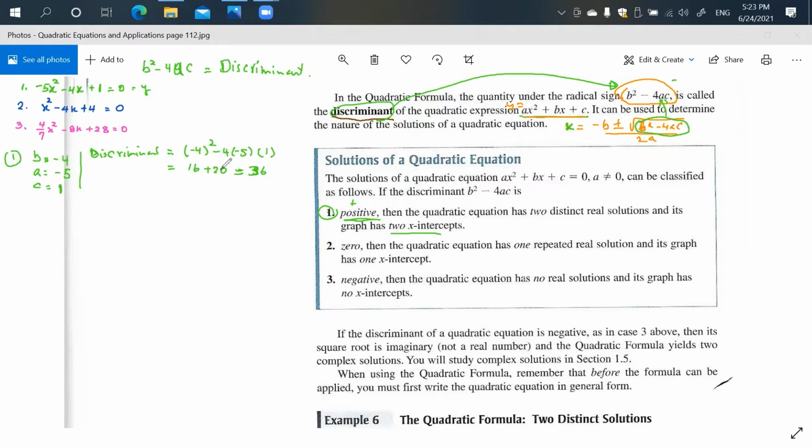But in this case, I don't want to go there yet. You just need to know how to find the discriminant first. So according to the first case here, you're going to have 2 x-intercepts.